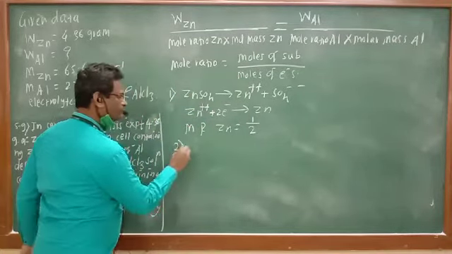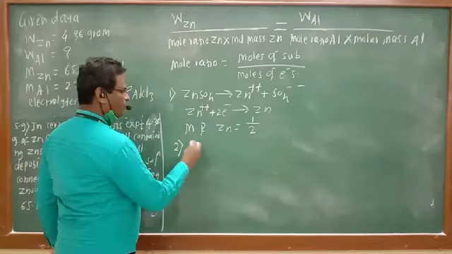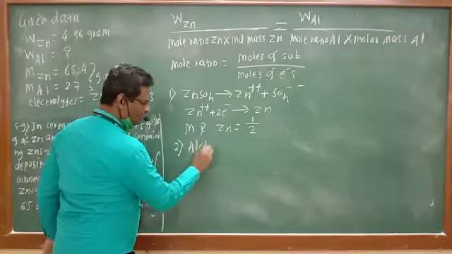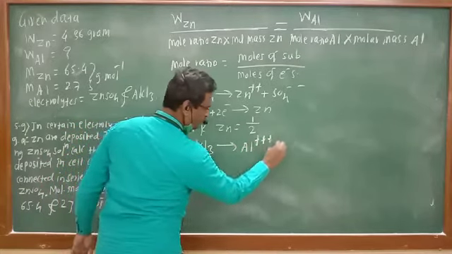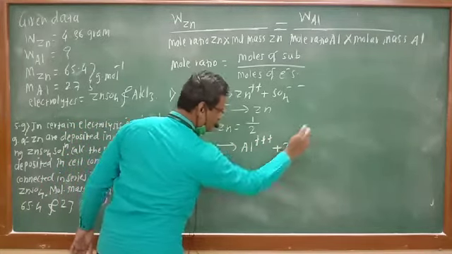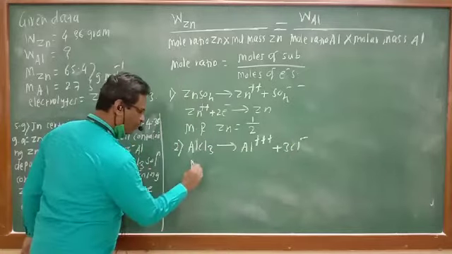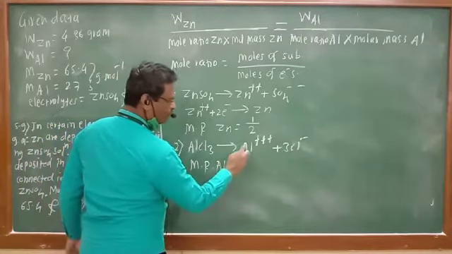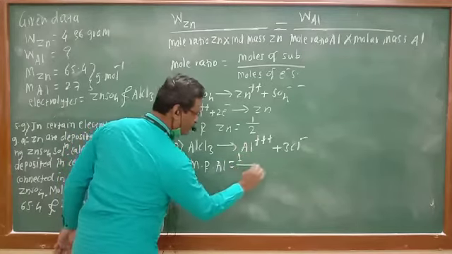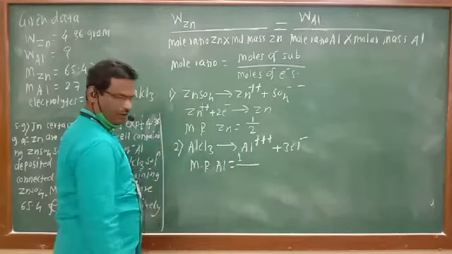Second, now calculate the mole ratio of AlCl3. AlCl3 is dissociated into Al3+ and 3Cl-. Now the mole ratio of aluminium will be equal to moles of aluminium, 1, divided by moles of electron, 3.